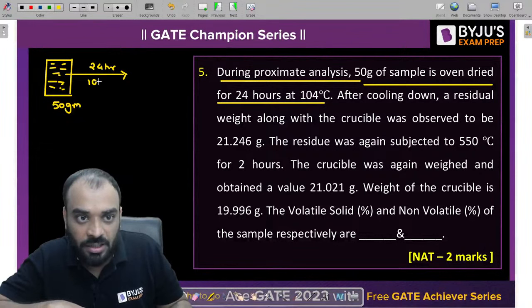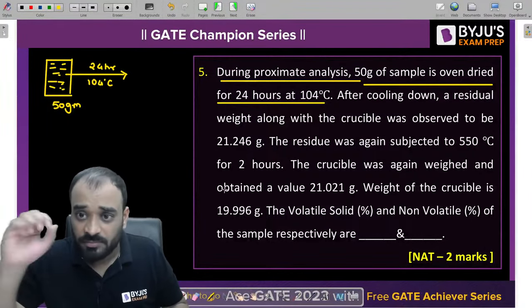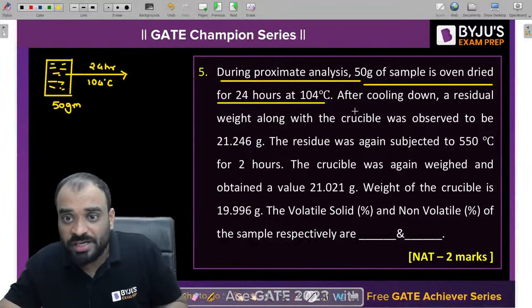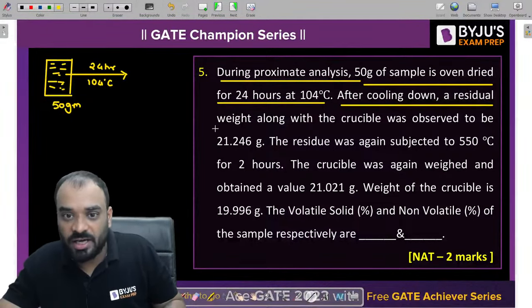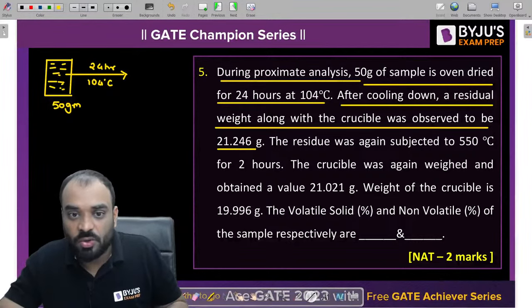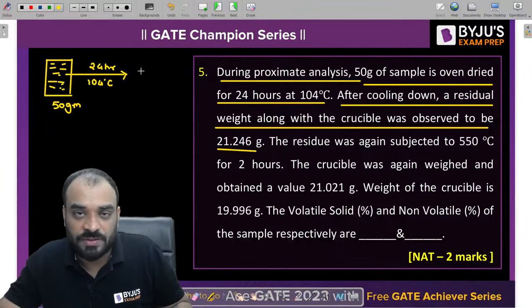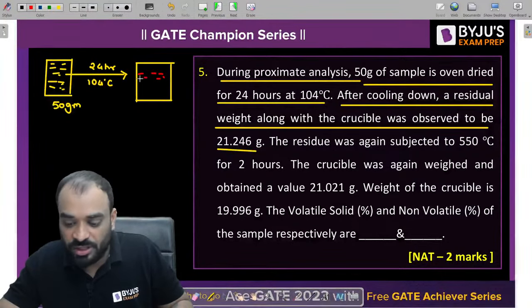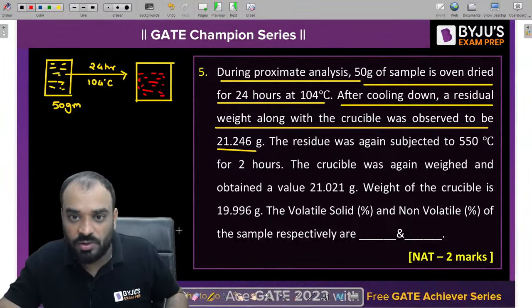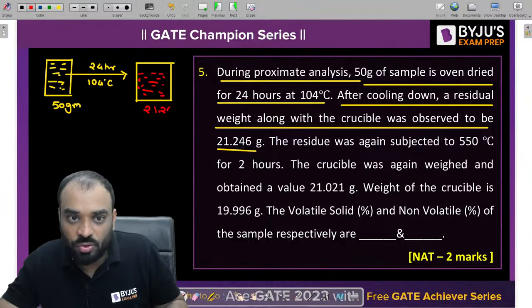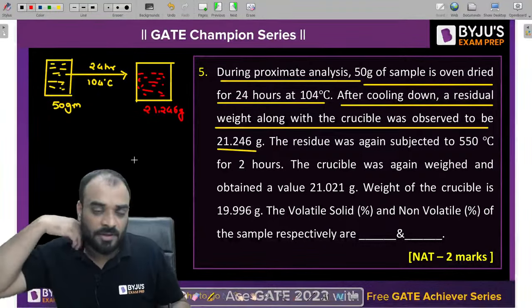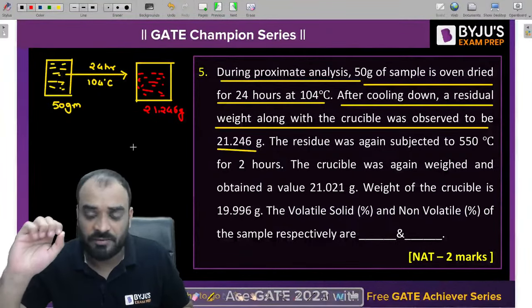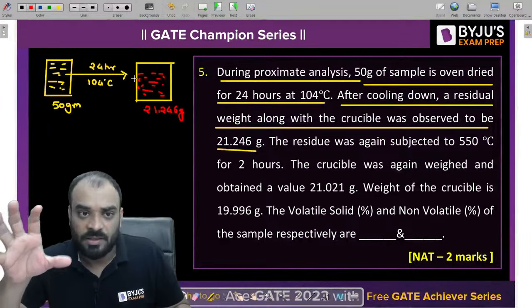After cooling down, a residual weight along with the crucible was observed to be 21.246. So the weight of sample and the weight of crucible, both included, is 21.246 gram. Clear?